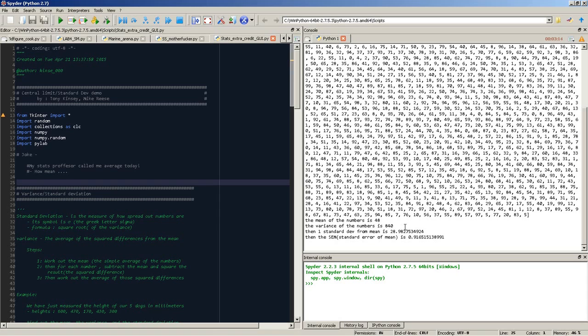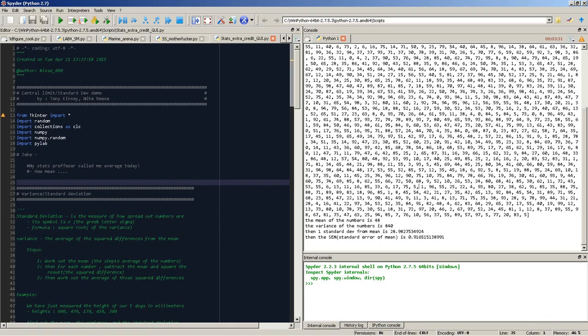The variance is 840, then one standard deviation from the mean is 28.98. So 68% of all the values will be in this range above or below 48, which makes sense.